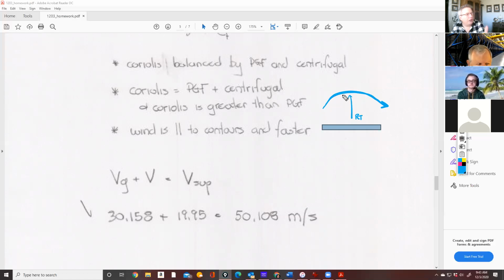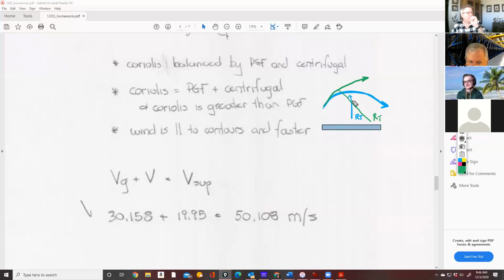There's no real combination of forces that solve the equation, which means the actual flow doesn't make the turn. It goes this way. So imagine the flow is going around and it can't make the turn. Now we establish a new RT that's much larger that you can solve. Oh, okay. Yeah, now that makes sense.